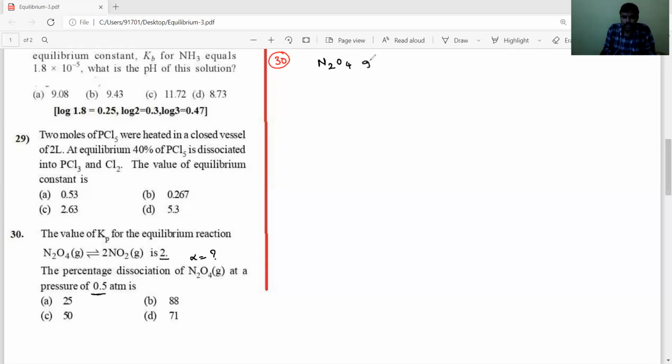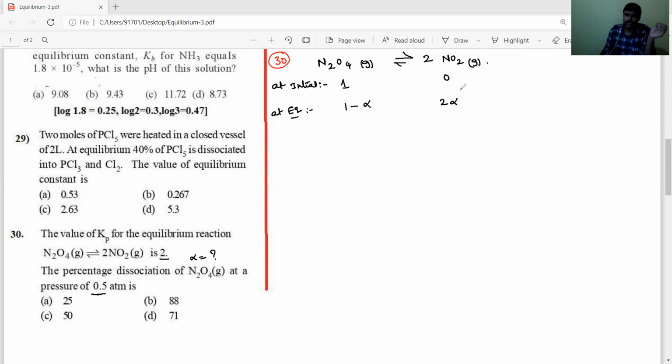N2O4 decomposes to give 2 moles of NO2 gas, nitrogen dioxide gas. At the initial state, let 1 mole of N2O4 be present and NO2 is 0 moles. At the equilibrium state, N2O4 decomposes by alpha, so it is 1 minus alpha, and 2 alpha of NO2 is formed.